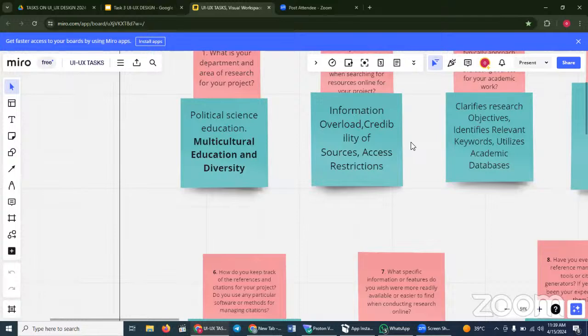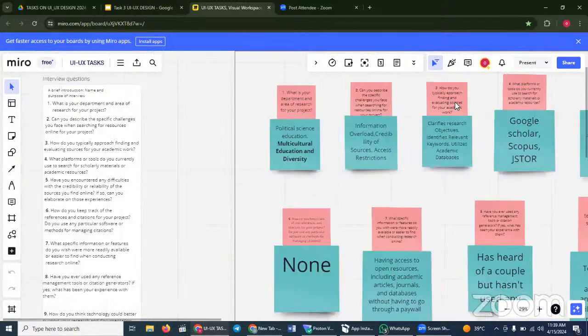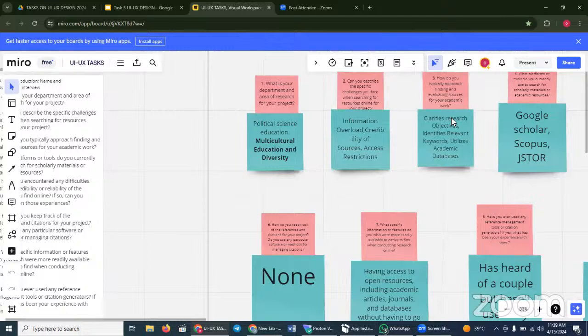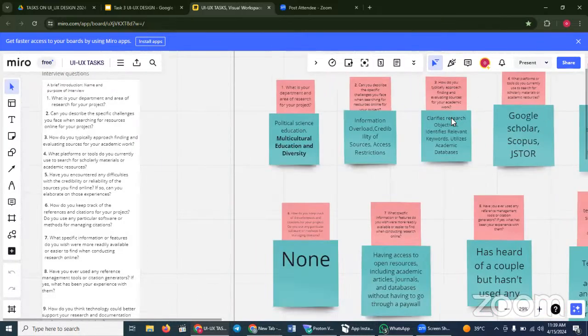And how do you approach finding and evaluating these sources for your academic work? So what was the result? He said that first of all, he clarifies his research objectives.